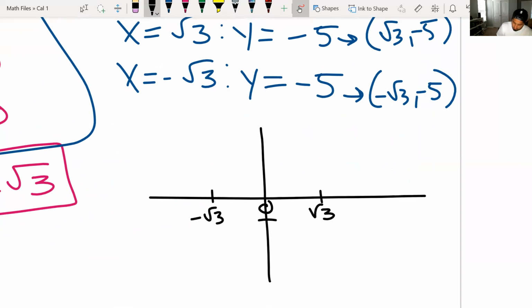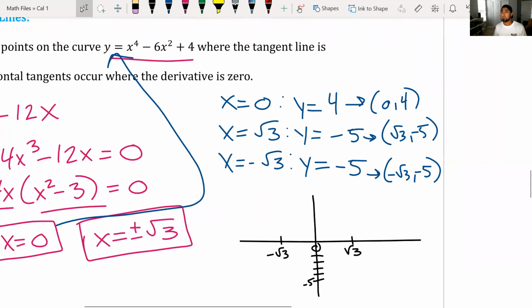And then 1, 2, 3, 4, 5, there's negative 5. Now, look at the original function, x to the 4th. If you remember sketching these type of polynomial functions, which you probably don't, but it's okay, we think of the characteristics of it.